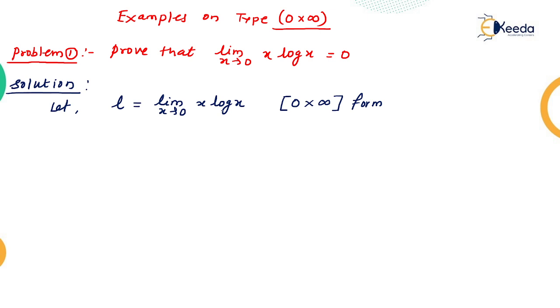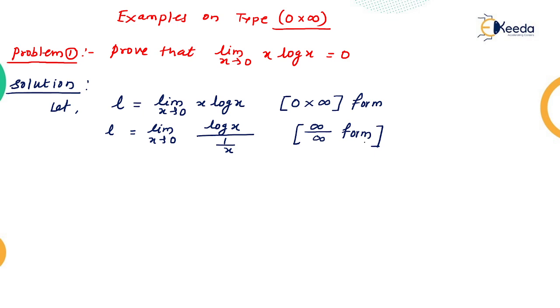In the numerator log x is there, so we have to just adjust x in the denominator. Now L is equal to limit as x tends to 0, log x as it is, divided by 1 upon x. Now we have to apply the limit on this. The numerator becomes log 0, which is infinity, divided by 1 upon 0, which is also infinity, so we get infinity by infinity form.